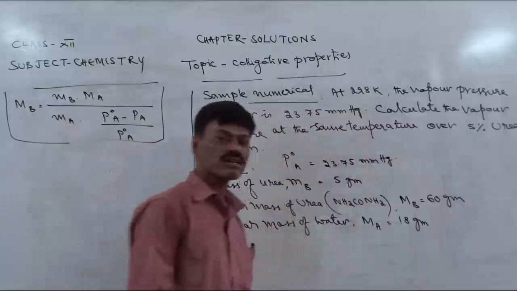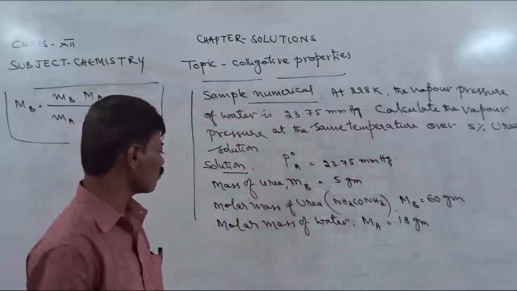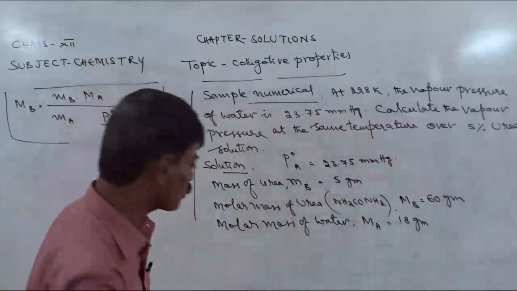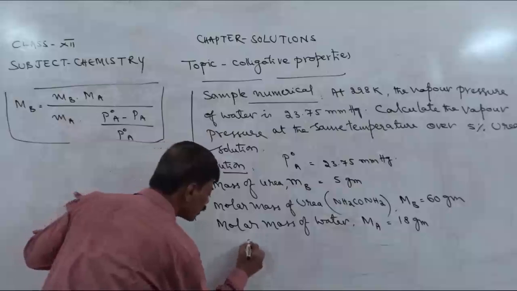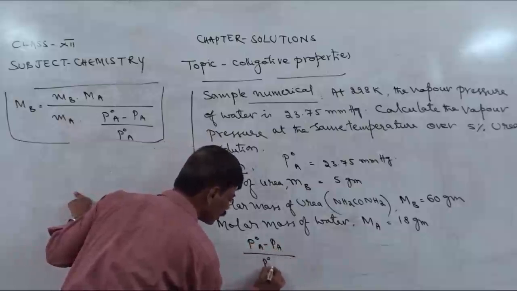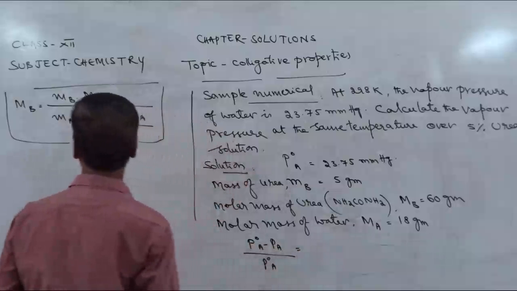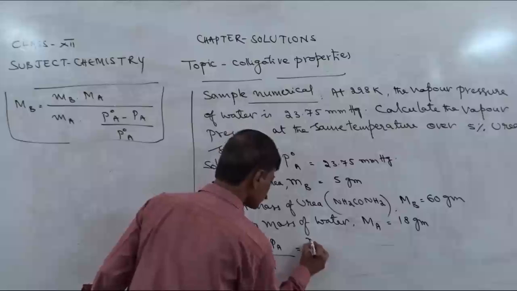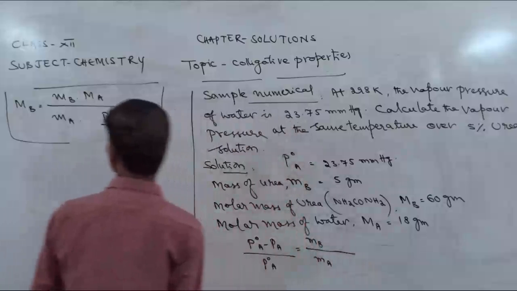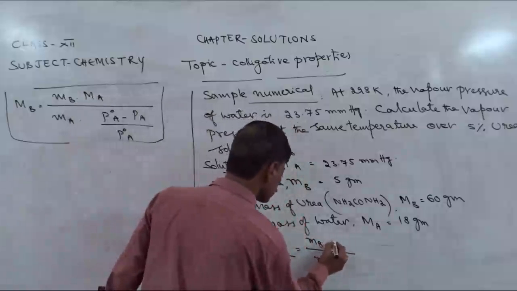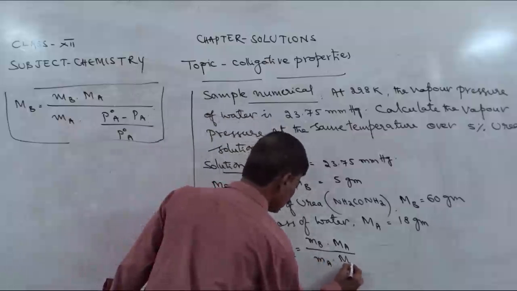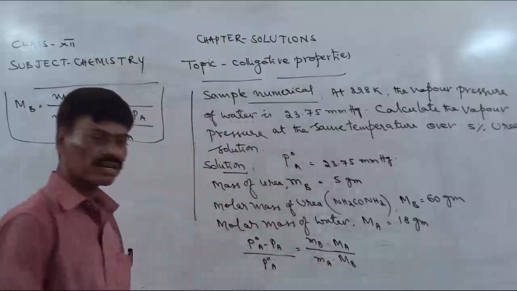This we get when atomic masses of 2 hydrogen atoms and 1 oxygen atom are clubbed. Now we are going to substitute these values. Right. So we know the expression P naught A minus PA divided by P naught A is equal to MB by MA multiplied by capital MA divided by capital MB. This is the expression.